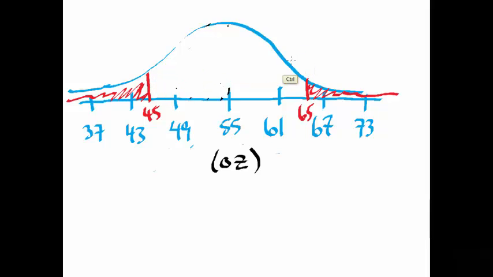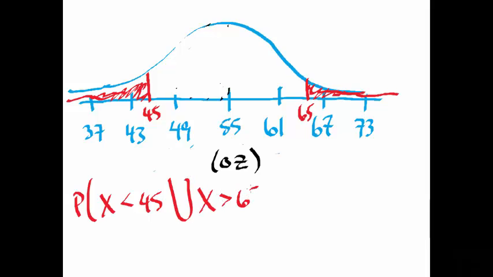So by symmetry, these two shaded regions in red are the same amount. I want to know the chance that x is less than 45 or x exceeds 65.